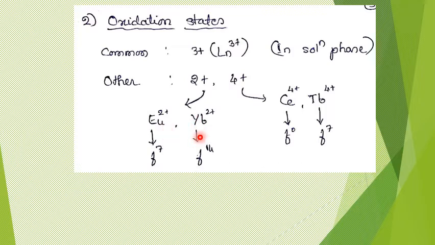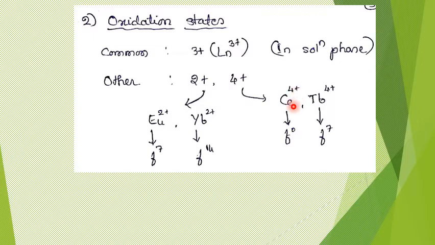Similarly, there are two more elements which can show an oxidation state of 4+, right? Among the elements which show the 4+ oxidation state, a very important one which should not be forgotten is cerium, which can exist in the 4+ oxidation state. Again, why can it show the 4+ oxidation state? Go back to its electronic configuration.